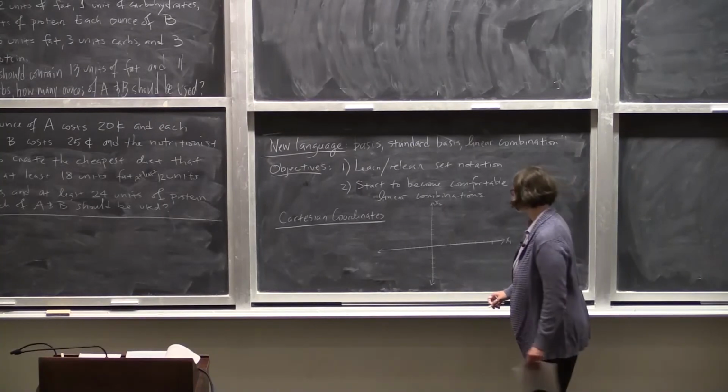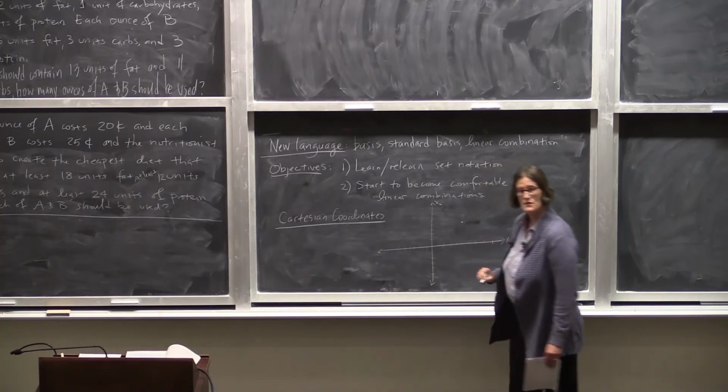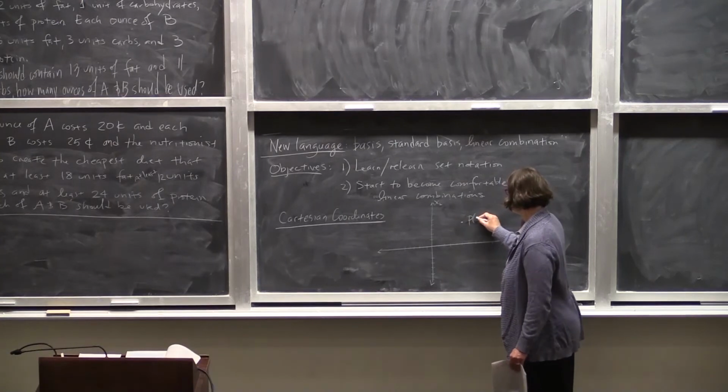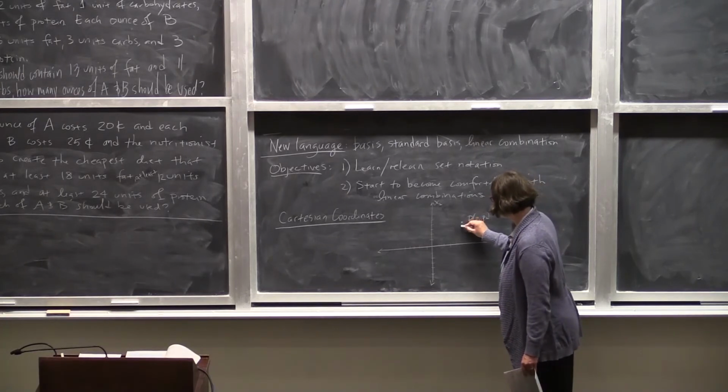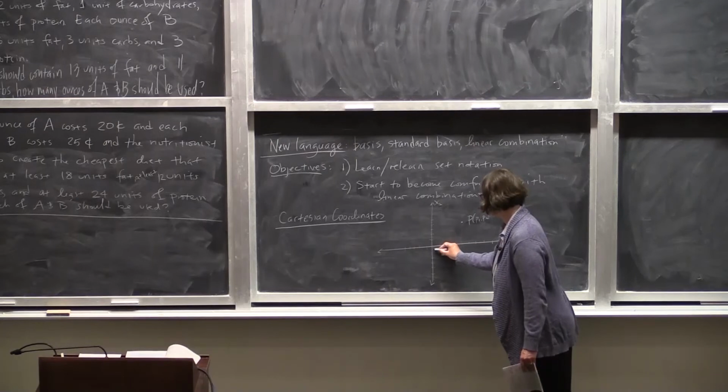And you remember from some point in your life that every point in the plane can be given a Cartesian coordinate. So this point P would have Cartesian coordinate P1, P2. What that means is that if you go down, this is the distance P1.